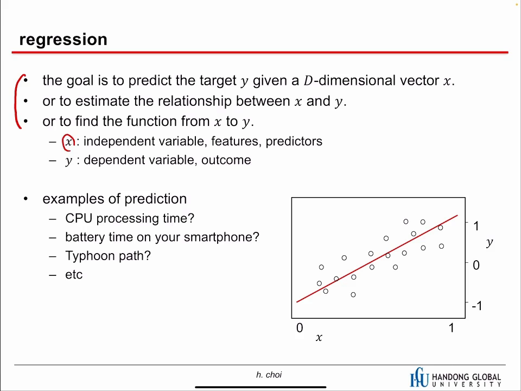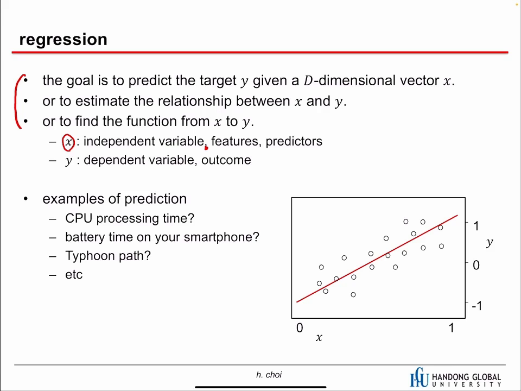So x is the independent variable, which means we want to estimate y from x. Usually in training we have x and y, but when we predict, x is given and y is unknown. So from x to y, but people might confuse this kind of relationship with a causal relationship. In regression, we don't find the causal relationship.